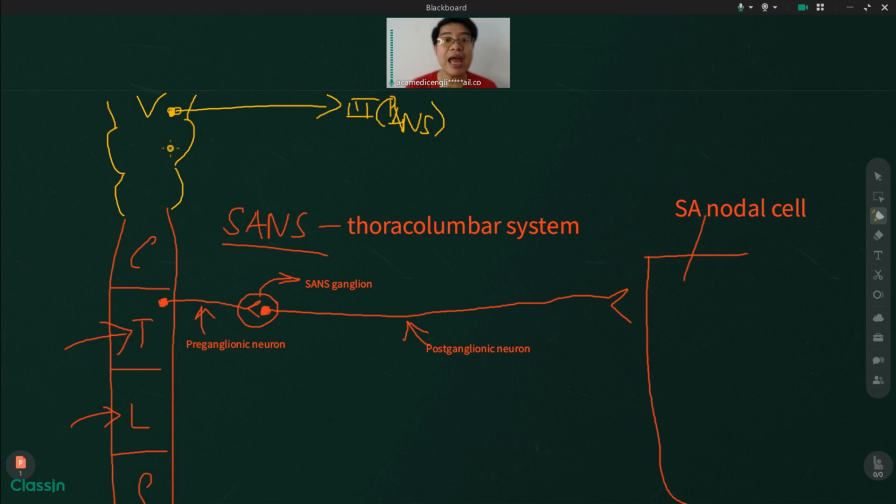And then what else do we have? We also have parasympathetic fibers from the 7th cranial nerve. The 7th cranial nerve will have parasympathetic fibers that go to the lacrimal gland, the submandibular gland and the sublingual gland. So that is another type of parasympathetic output. And then after that, we'll have number 9.